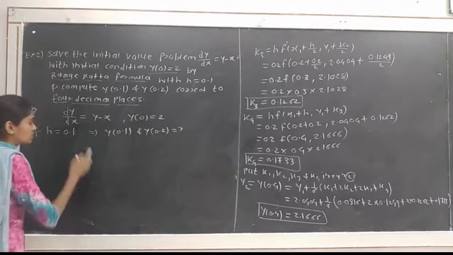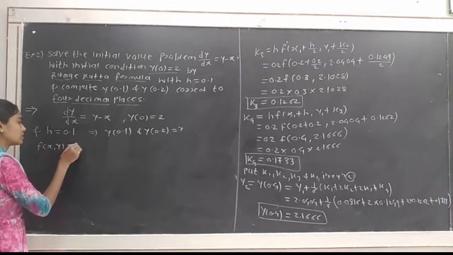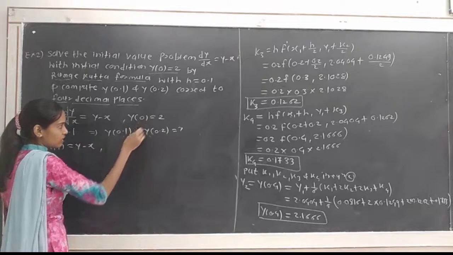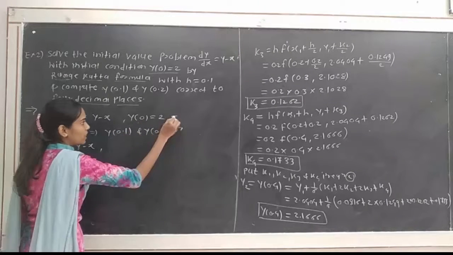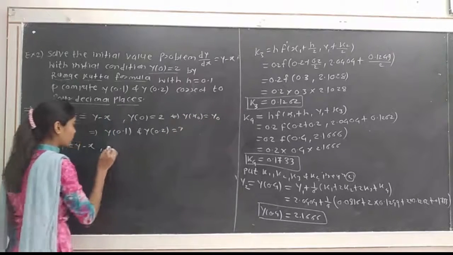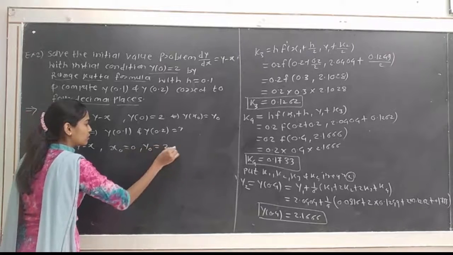So this is the given data. The function f of x, y is y minus x, and by comparing the condition with y of x0 is equal to y0, we get x0 equal to 0 and y0 equal to 2.